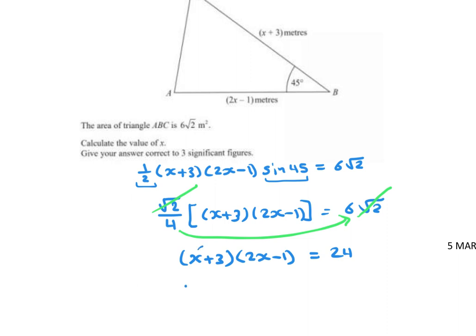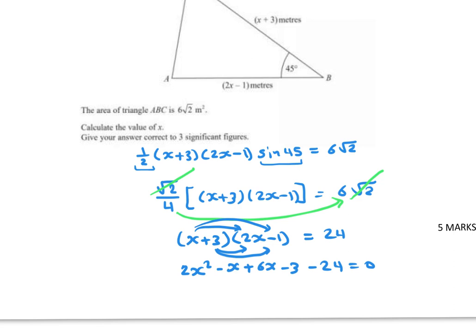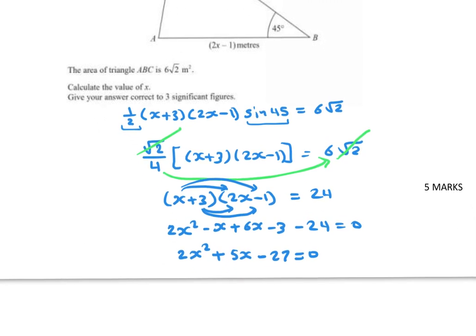Expand: x times 2x is 2x squared, x times negative 1 is negative x, 3 times 2x is 6x, 3 times negative 1 is negative 3, minus 24 equals 0. So 2x squared plus 5x minus 27 equals 0.